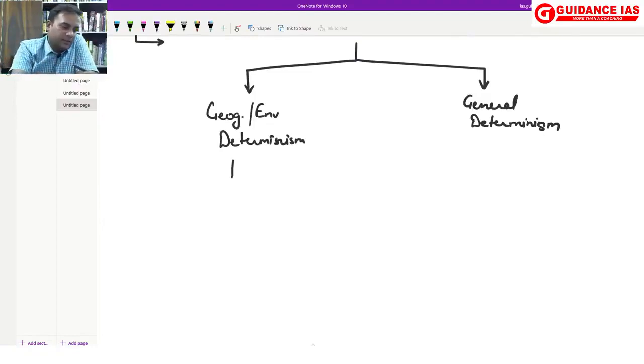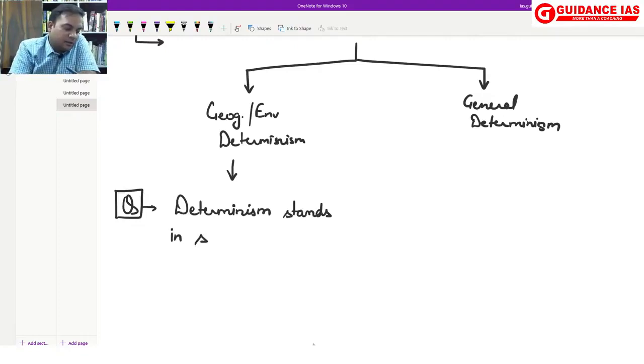I'll give you one example. Like for example, if the question is that determinism stands in stark contrast to possibilism.